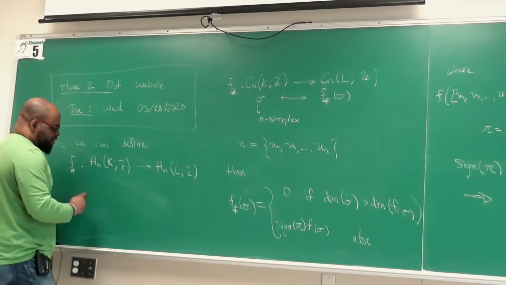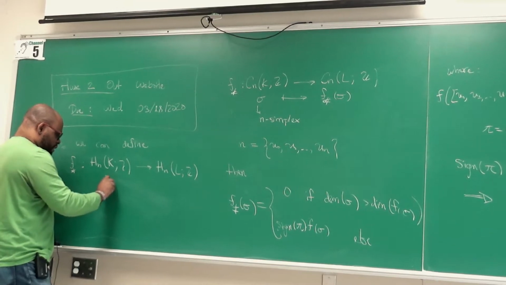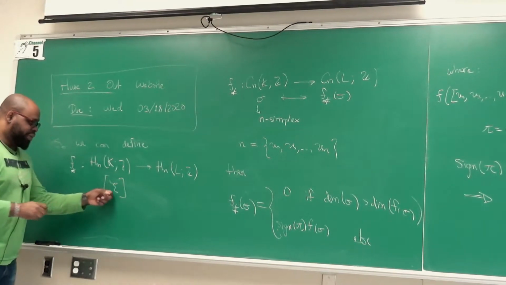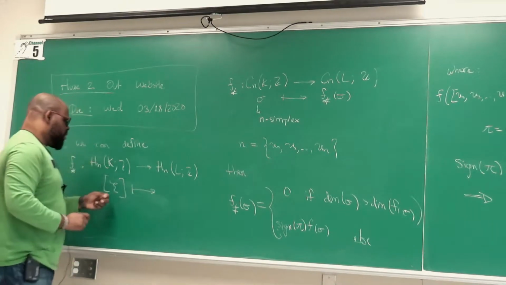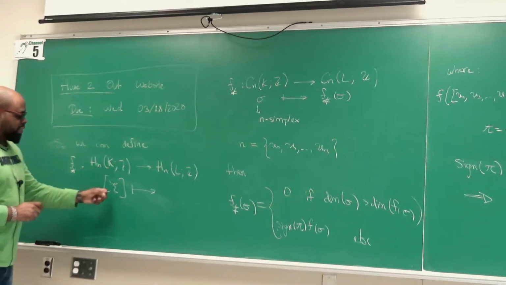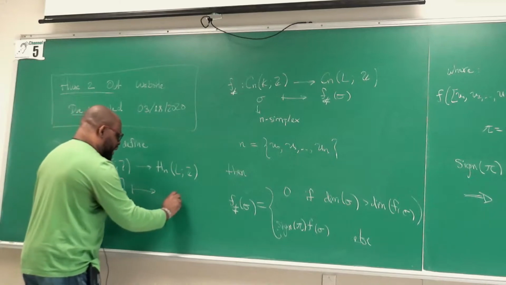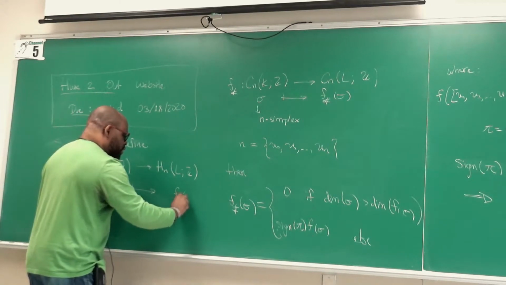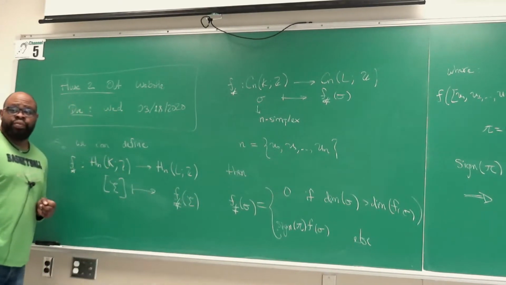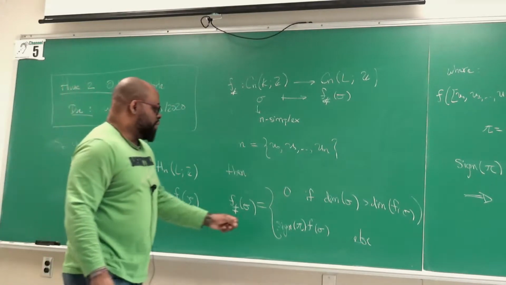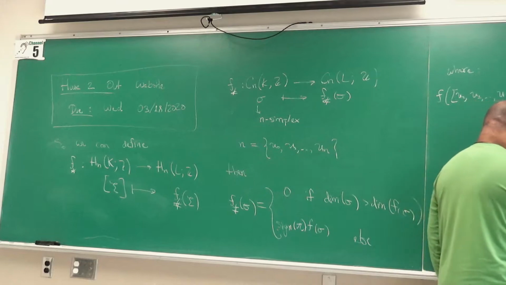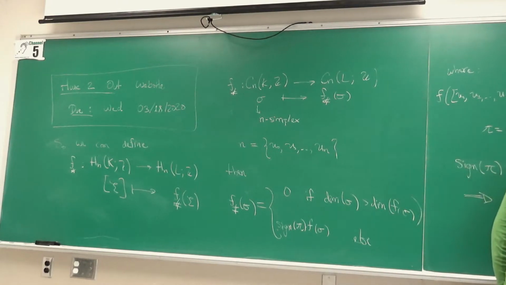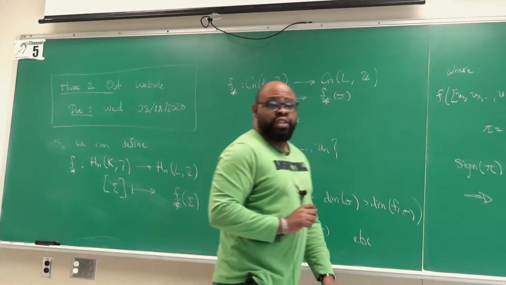And the way it is done is it takes the class of a cycle, and it says the following. The first thing I'm going to do is take this cycle and apply f sharp to that cycle. And from here, we know that if you apply f sharp to a cycle in k, you're going to get a cycle in L. That's the first thing.